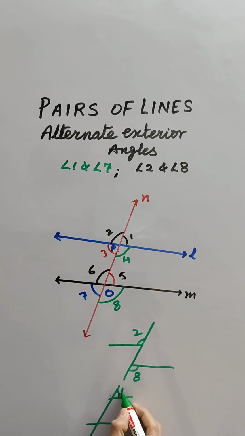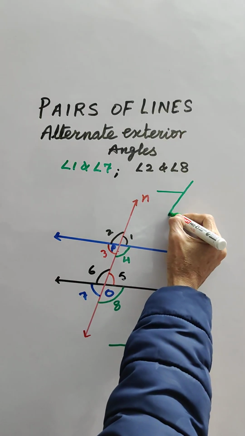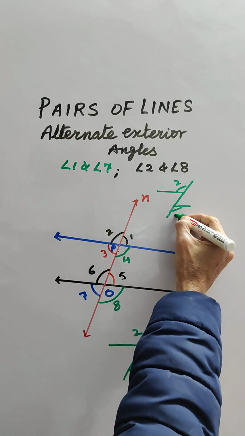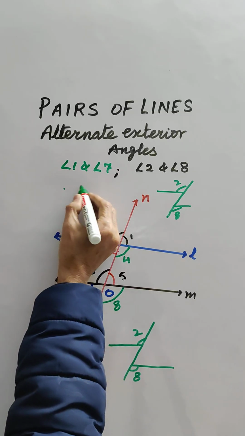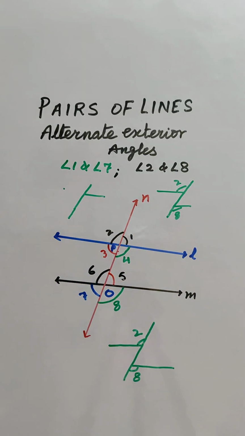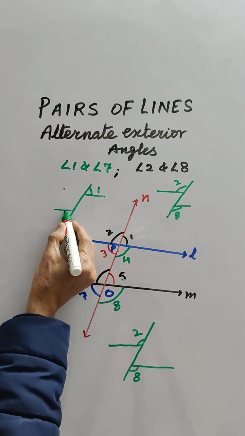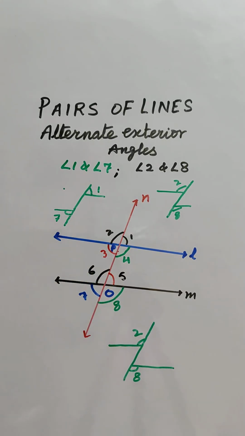Angle 1 and angle 7 are alternate exterior angles.